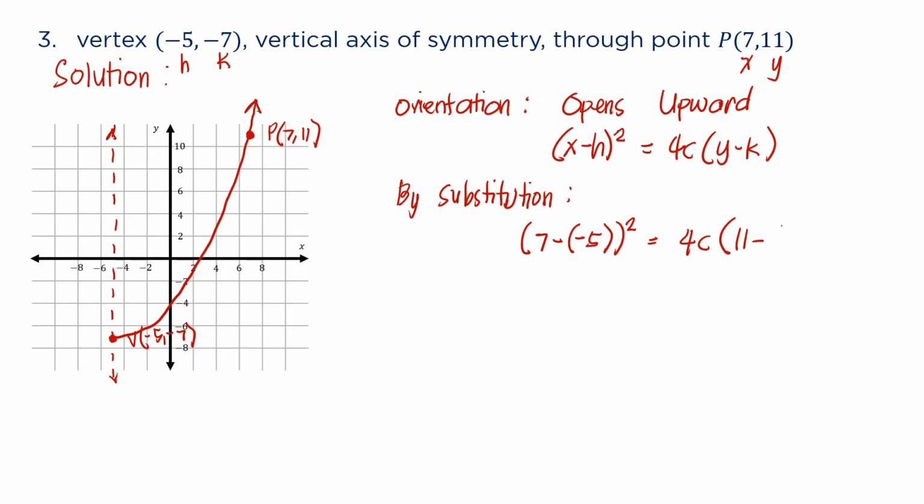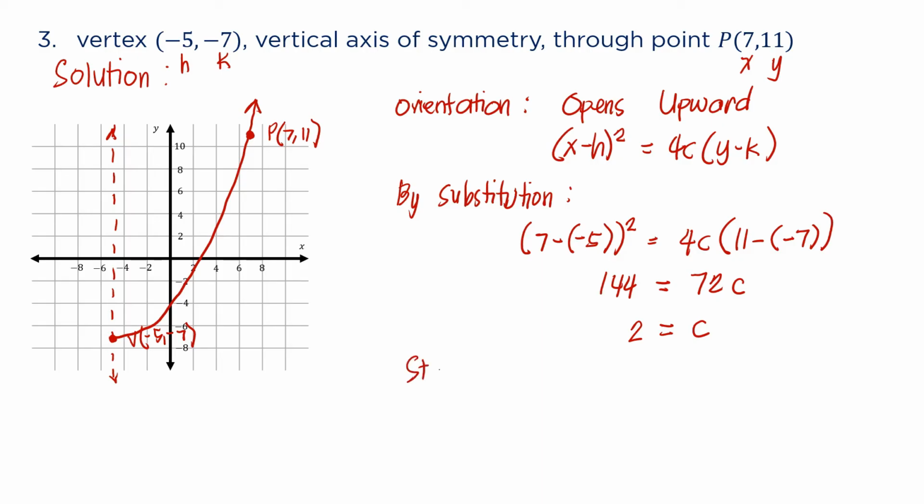Y is 11 minus your k is negative 7. Yun. 7 minus negative 5 is just 7 plus 5 or 12. And squaring it, you have 144. 11 minus negative 7 is 11 plus 7. And that is 18 times 4. That is 72c. Right? Solving for c, we divide both sides by 72. So c is equal to 2.